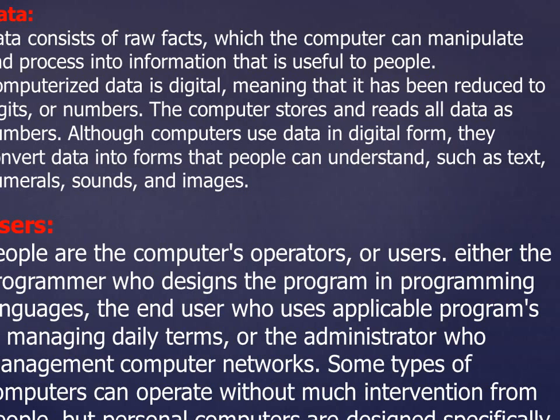People are the components operating or using the computer either to program or to design in different languages, which we can call programming languages, or these are programmers. Those are also inclusive in the administration or management of a computer system or network.